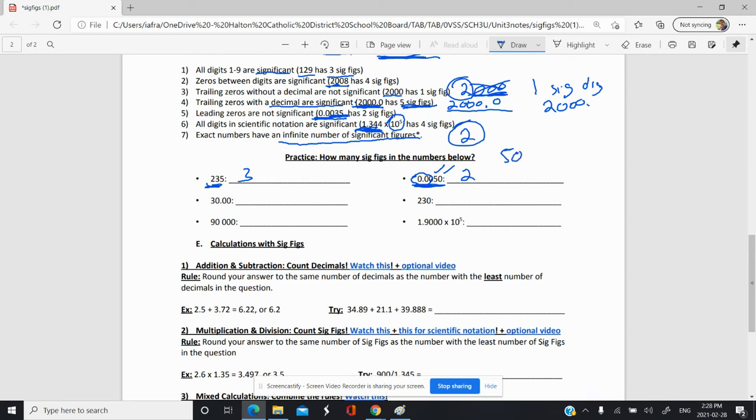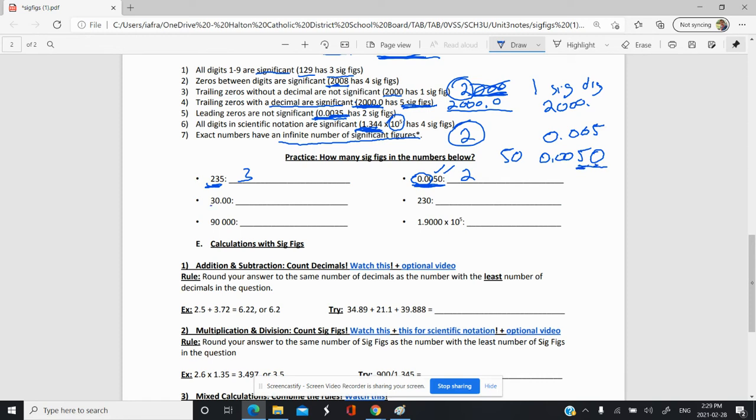But in this case, because I have a decimal place there, if you have zeros after a decimal place like that, then they do count. So if I had written, for example, 0.005, that's 1 significant figure, and then once I put this, that's 2 significant figures total. I didn't have to put that if I didn't want to. So 0.005 is one significant figure, and this is two significant figures.